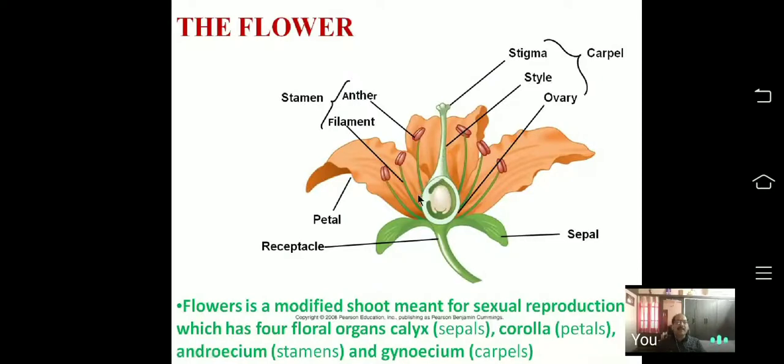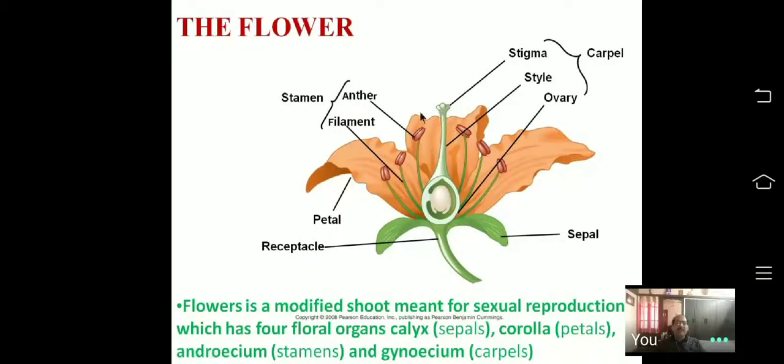The basal, oval shaped area is called the ovary. It is situated above the thalamus. The ovary inside contains a number of ovules.